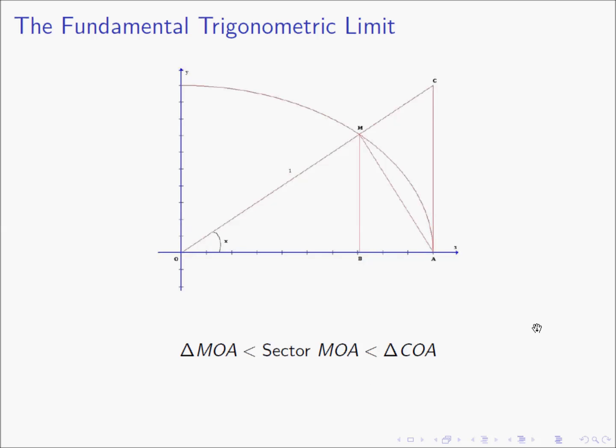And what we're going to do now is to express these areas in terms of trigonometric functions in this triangle. So we're going to write an inequality between trigonometric functions. So let's begin with the area of the triangle MOA.